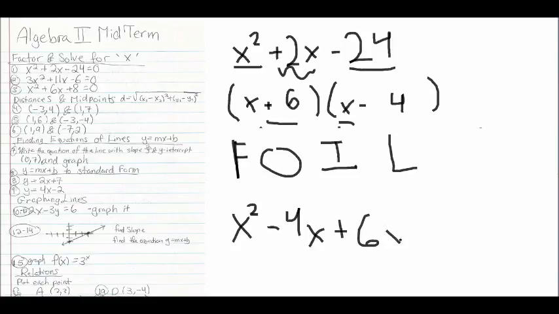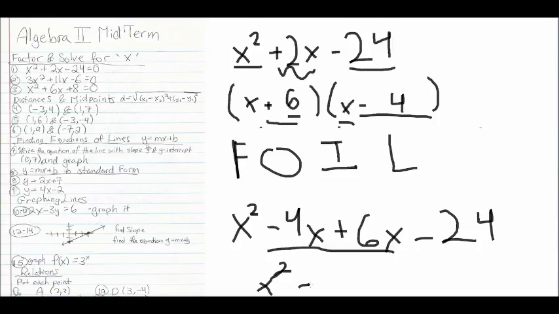Then you have inner, which is plus 6 times x, which is plus 6x. And then you have the last, which is 6 times negative 4, which is negative 24. Now we simplify the middle two terms, and we get x squared plus 2x minus 24.